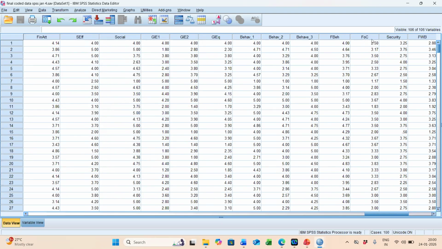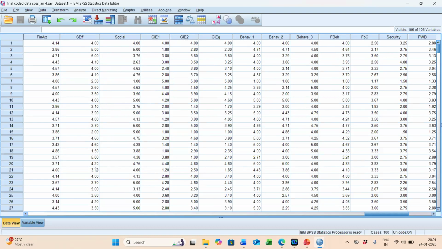The average of FOC and security is financial well-being. That means financial well-being is a multi-dimensional construct consisting of freedom of choice and security. And financial behavior in this study is a multi-dimensional construct composed of behavior 1, behavior 2, behavior 3, so the average is taken as financial behavior. Gender equality also is a multi-dimensional construct, 1 and 2, and the average is taken as gender equality.